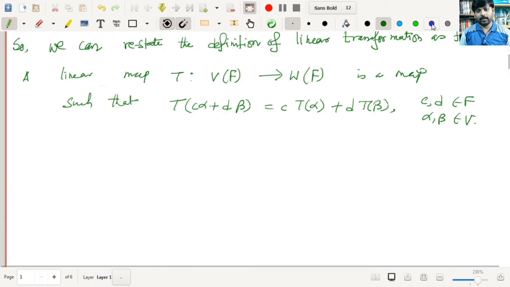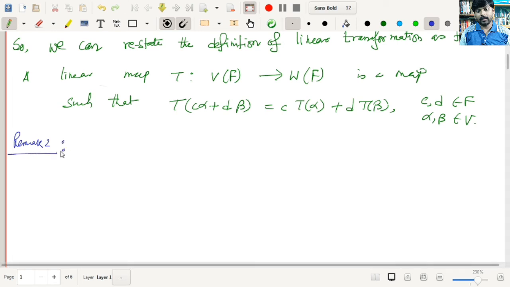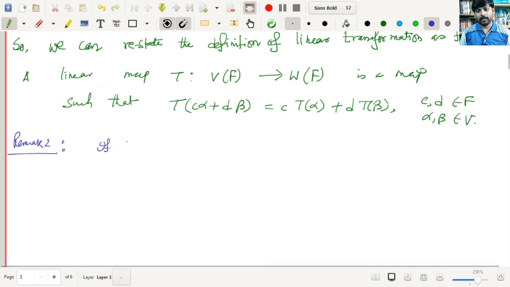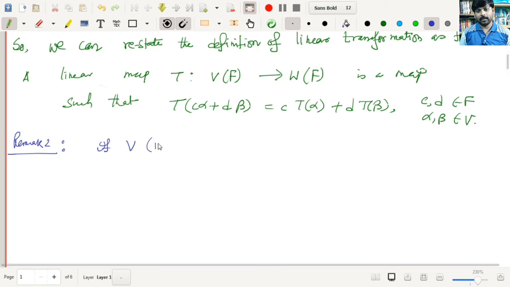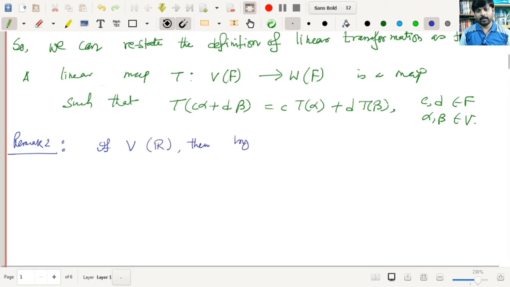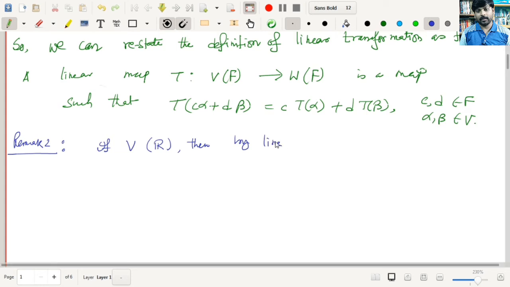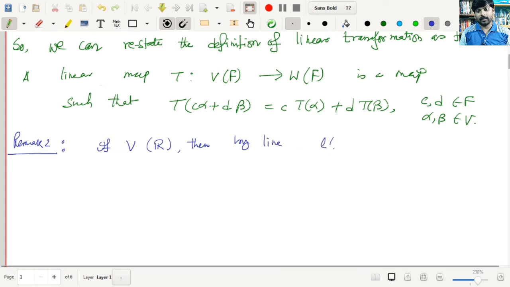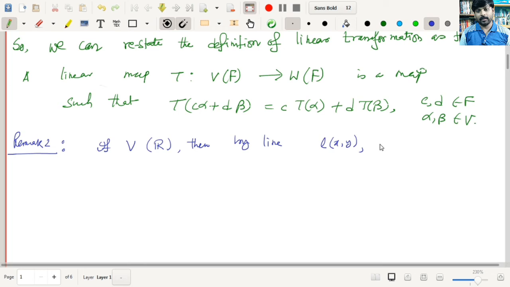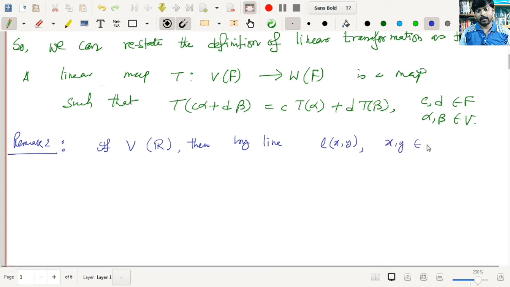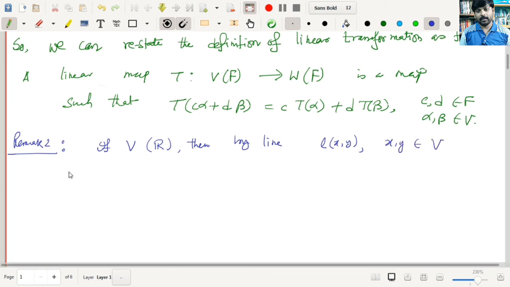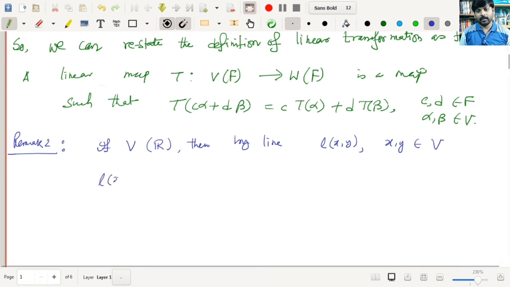Next, remark 2. If V is a vector space over the field R, then by the line segment L_xy, where x and y are two vectors from the vector space V, we mean the following set.